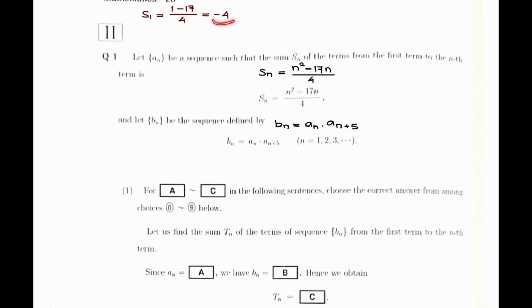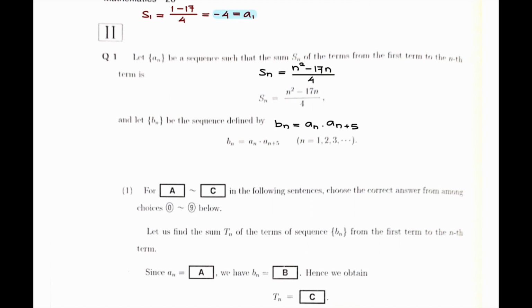This is our first term, because S1 is the sum from the first term to the nth term. If I substitute n with 1, then S1 is the sum of the first term only, which is the first term itself. So negative 4 is equal to my first term, which is A1.